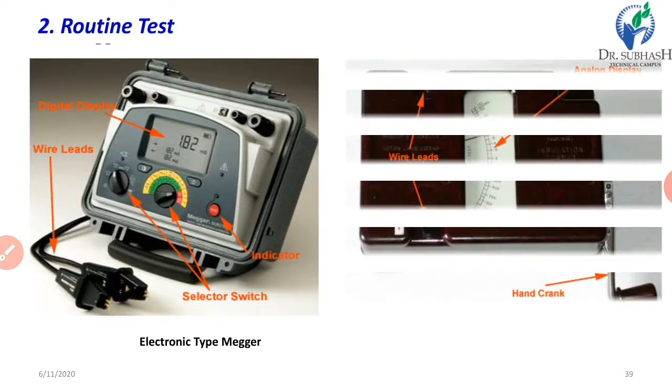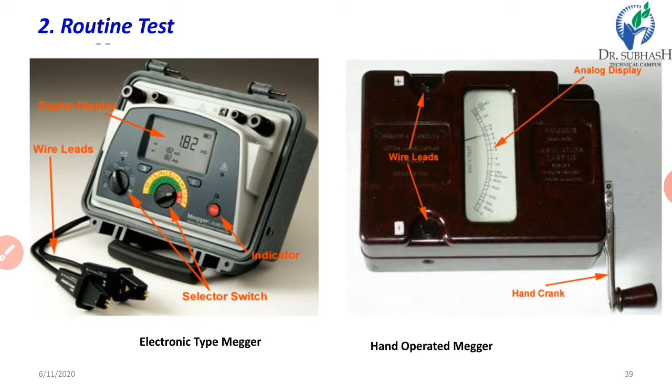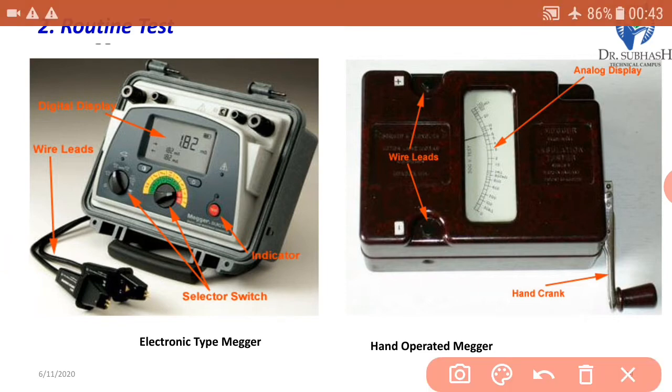So here we can see the two images. One is the electronic type Megger. In the first image we can see this is a digital instrument, so it is an electronic type Megger, and here all the labels are given. Here is a digital display, then wire leads, selector switches, then indicator.